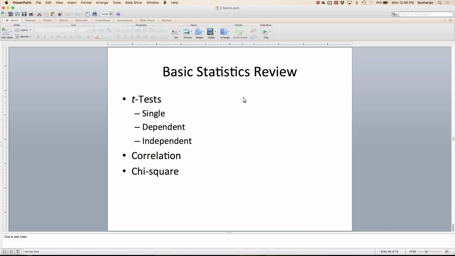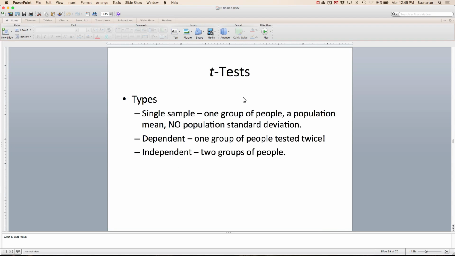Okay. So let's start with single sample t, and then work our way through. So the point of t-tests is that you have not very complicated experiments. So with single sample t, we're going to have single independent, dependent.